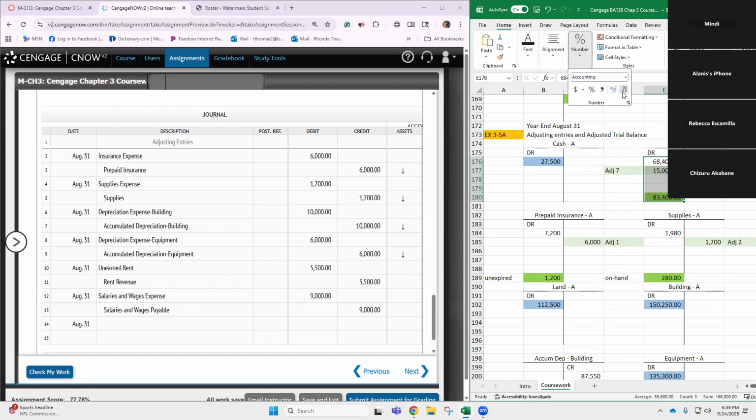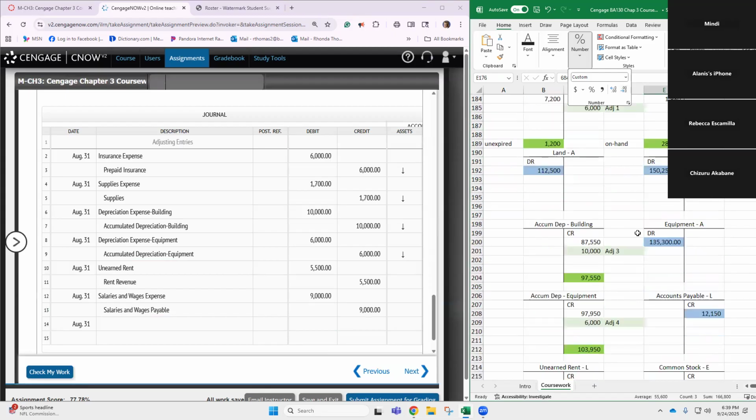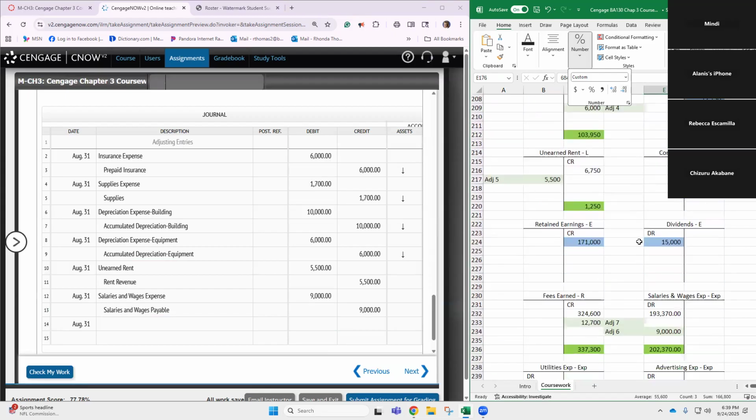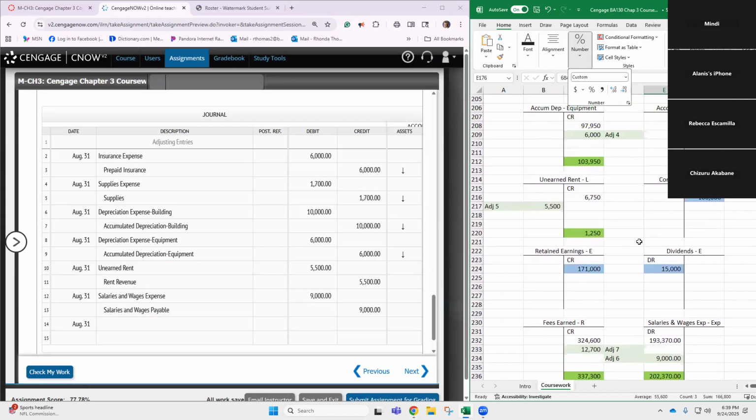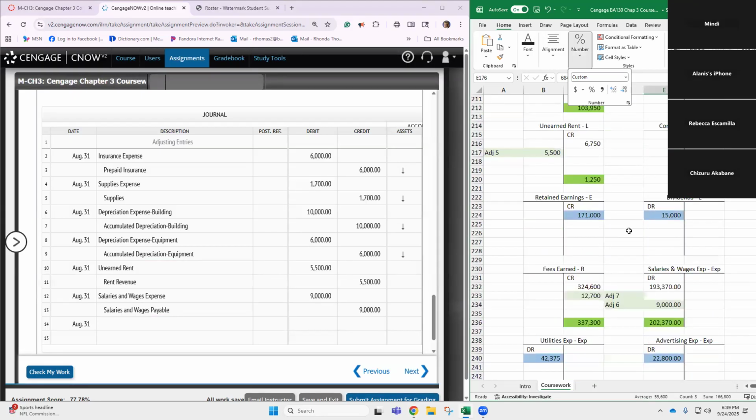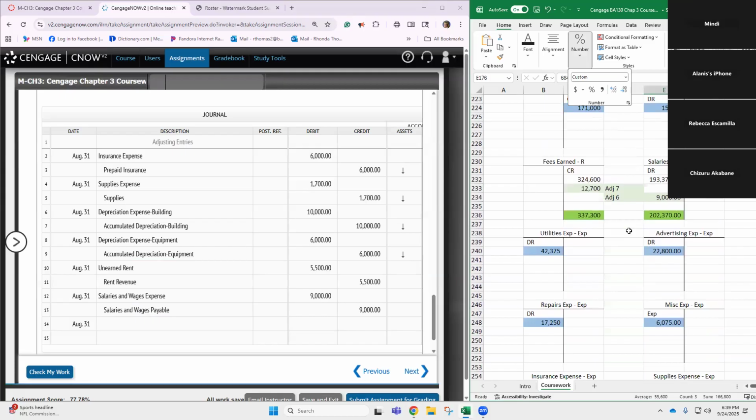Okay. And when we debit accounts receivable, we will credit fees earned. Okay, fees earned is our regular revenue account. There it is. So that adjustment is the last adjustment. It's number 7. It's going to credit fees earned. Fees earned already have 324,600 in it.